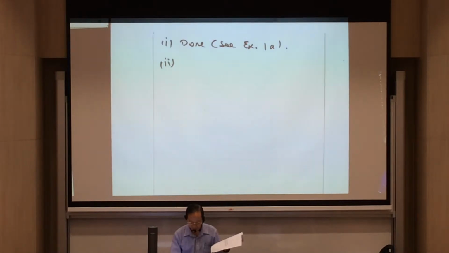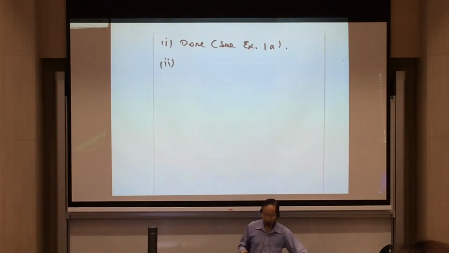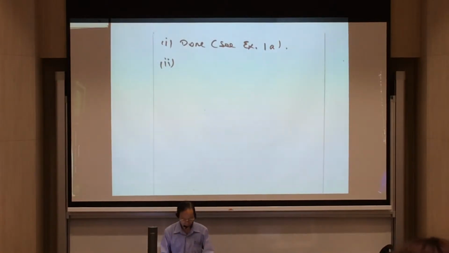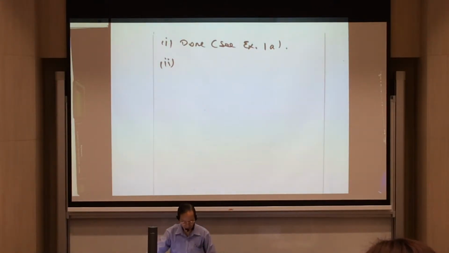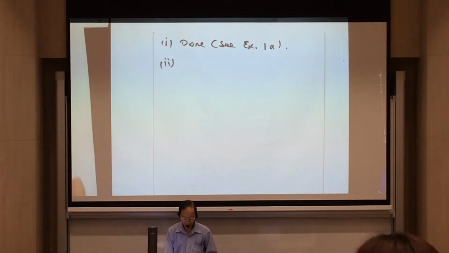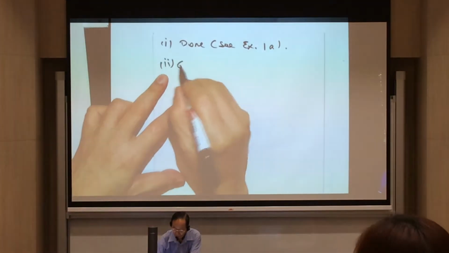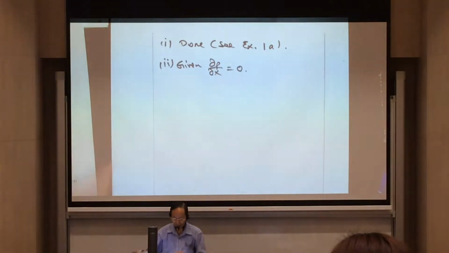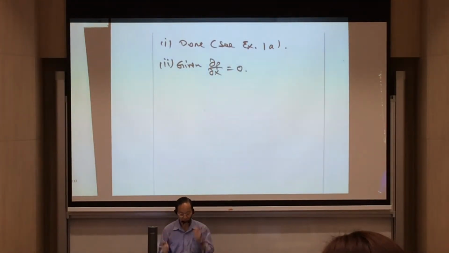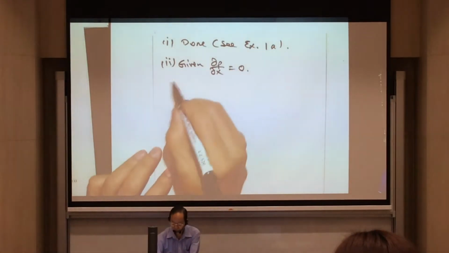Part 2. Taking the zero pressure gradient, calculate the amount of shear stress acting on the shaft. What are we given here? Zero pressure gradient, del p del x equal to 0. So what's the expression for shear stress?